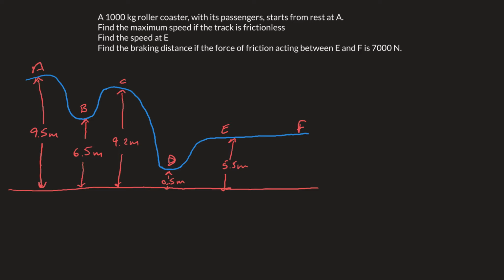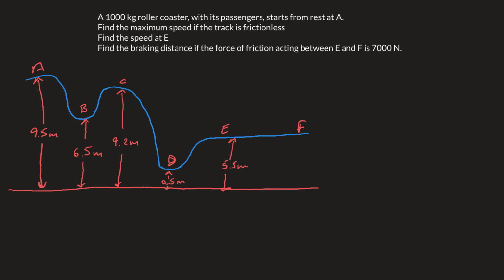To get started, we should find the original amount of gravitational potential energy the roller coaster has, and that's going to be whatever EG is at its highest point. So that's obviously at point A. So the total amount of energy at point A is simply the kinetic energy plus the gravitational potential energy. But since we know it is starting from rest, there's no EK. So this is going to go to 0.